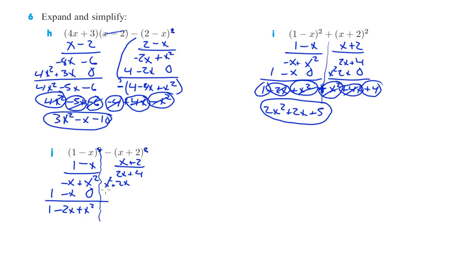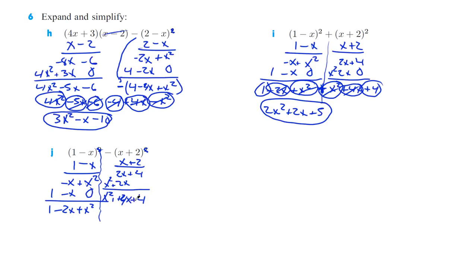So you don't really have to ever put that 0 in there. Probably even a better way to do this is just to realize whenever I have my x's, I'm going to line those up together. X squareds I'm going to line up. Constants I'm going to line up. And then it makes it easier to add them up at the end. Let's see, that's plus 4x. And then that's x squared.